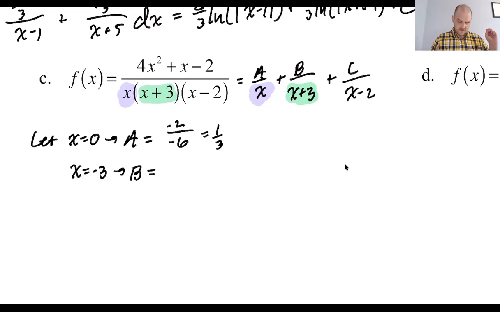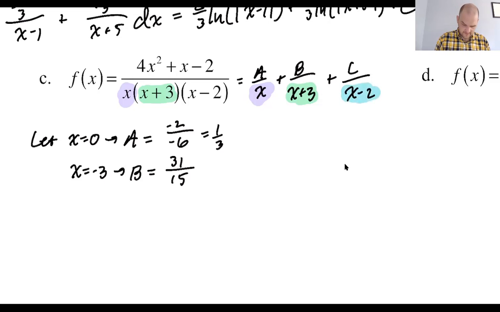So it's 4 times 9 is 36, minus 3 is 33, minus 2 is 31, over, all right, we're covering up the x plus 3, so we got -3 and -5 is 15. All right, so it's not a common denominator, but I could write 1/3 as 5/15 and it would still work. Still not sure that's actually a hard, fast rule, but I kind of like the idea.